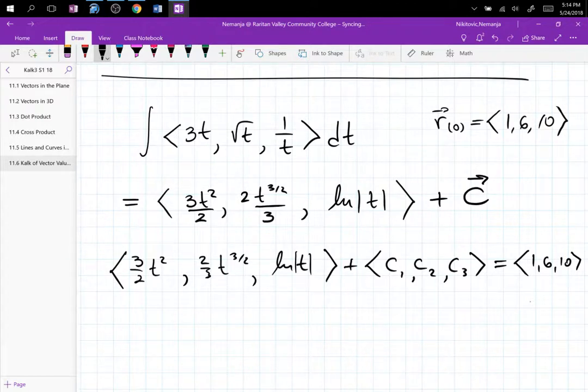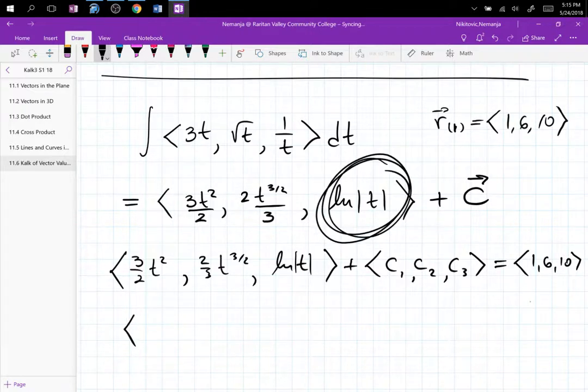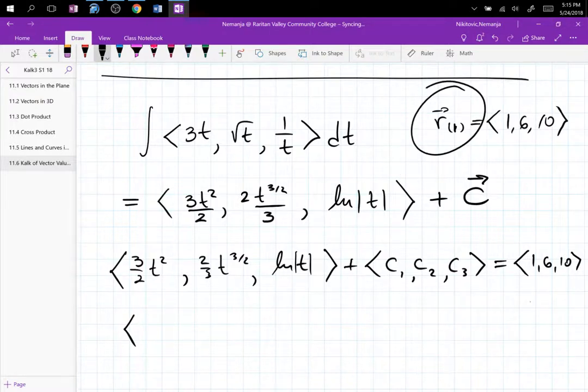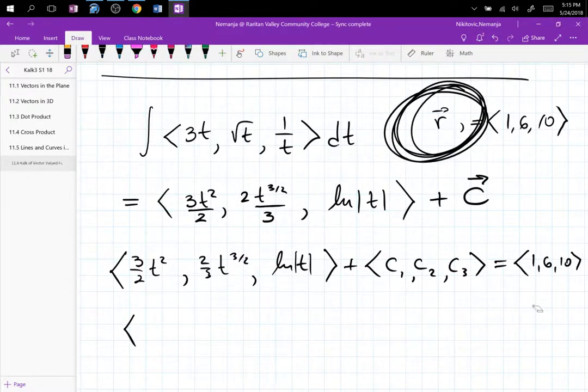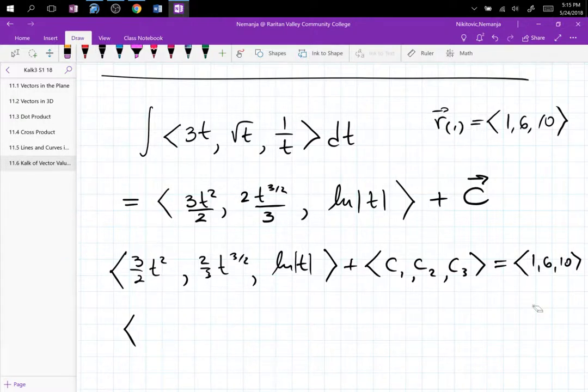And this is where I figure out, oh, all the t's need to be zeros. Oh, I can't do ln of 0. ln of 0 is negative infinity. So I changed the initial condition over here from r of 0 to r of 1, so I can plug it in.